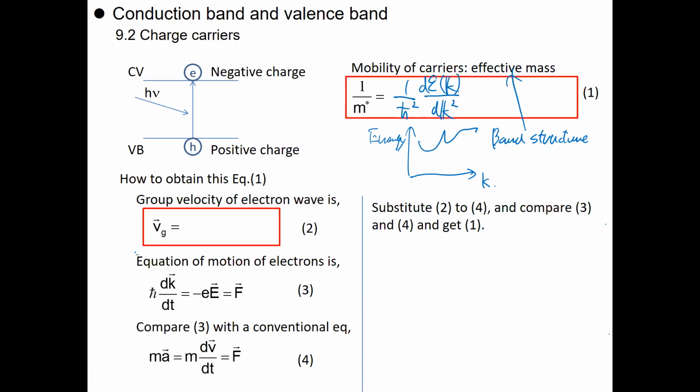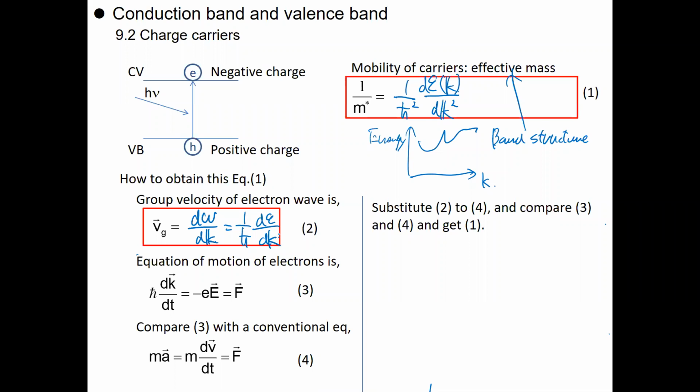The group velocity is given by the differentiation of the angular frequency omega with respect to the wave number k, which is equal to 1 over h bar times d epsilon over dk.